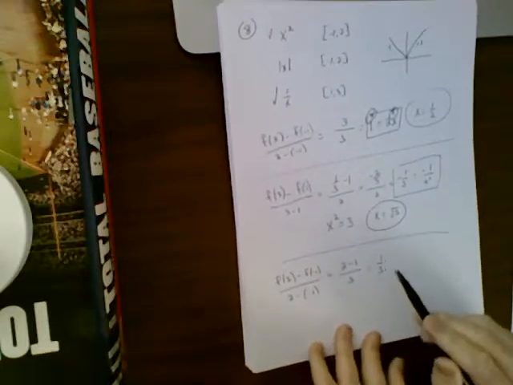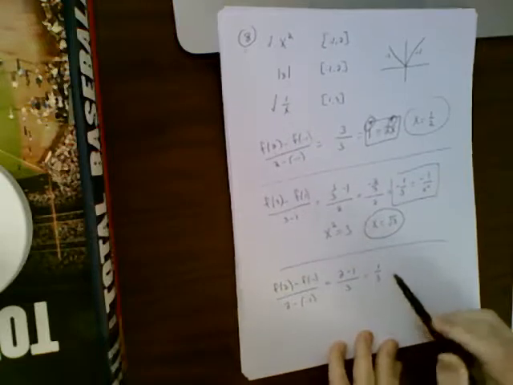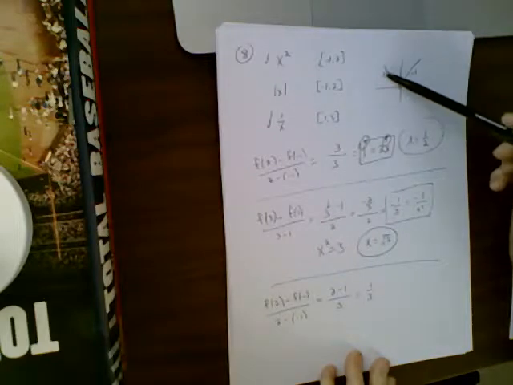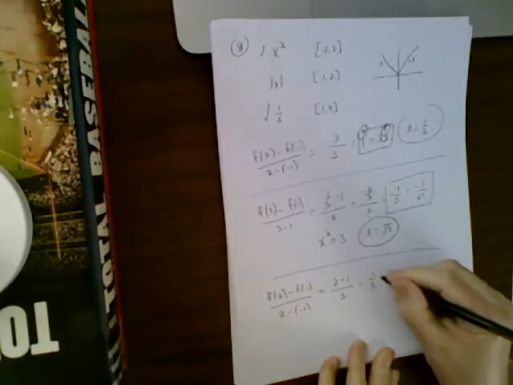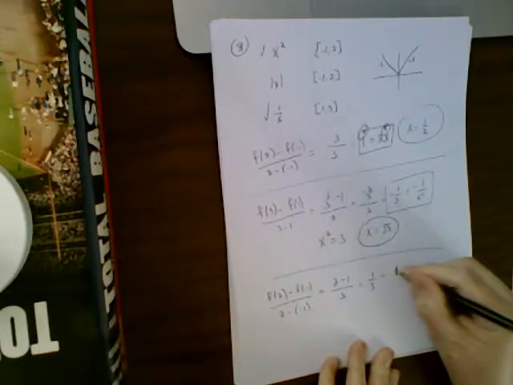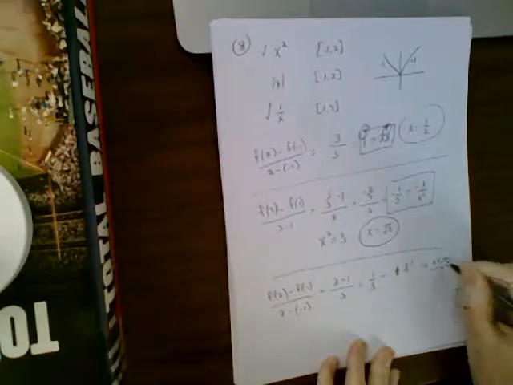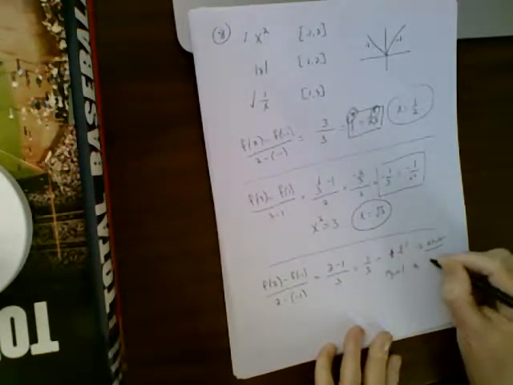But notice, there's no point where this is equal to the derivative, because for all the points on the positive side of 0, the derivative is plus 1. For all the points on the negative side of 0, the derivative is negative 1. So f prime is never equal to 1/3.